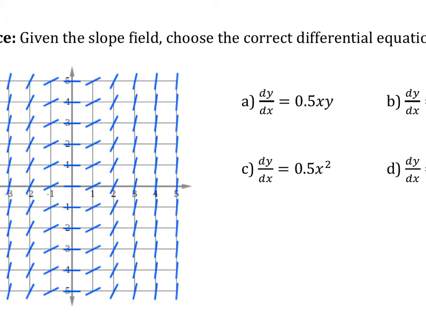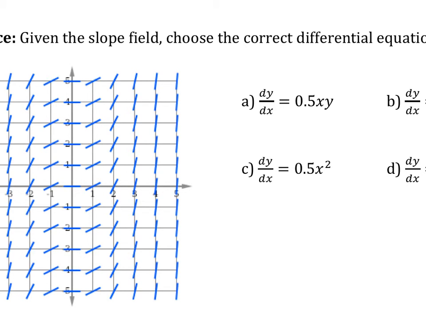Again, you want to check the special points. The 0 slope, or see that all the slopes are positive. What does that mean? And you can see that all the slopes are the same, right? Vertically. If all the slopes are the same vertically, that means y doesn't matter.